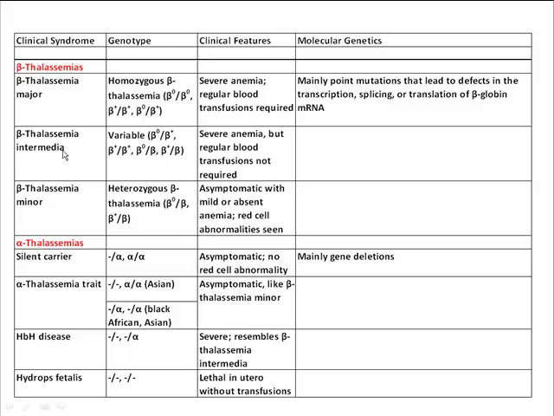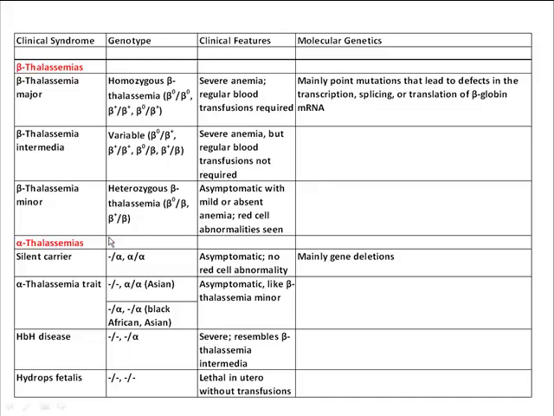In beta thalassemia intermedia, the anemia is severe, but they're not going to require regular blood transfusions. In beta thalassemia minor, the patient will be asymptomatic with either mild or absent anemia, but no red blood cell abnormalities will be seen.